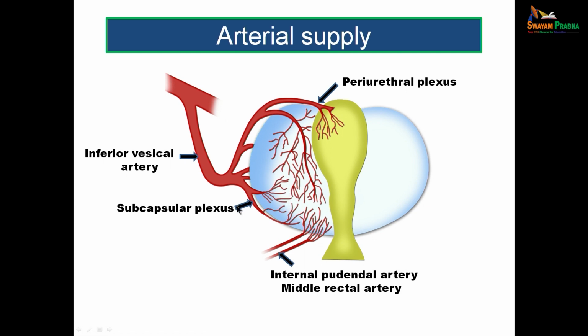This plexus, called the subcapsular plexus, supplies about 2/3 of the prostate, whereas some of the branches will reach the urethra forming periurethral plexus. This supplies the inner 1/3 of the prostate, and this becomes important while doing a transurethral resection of prostate.